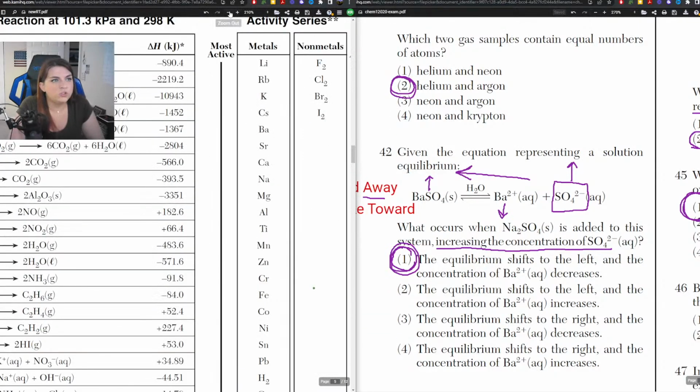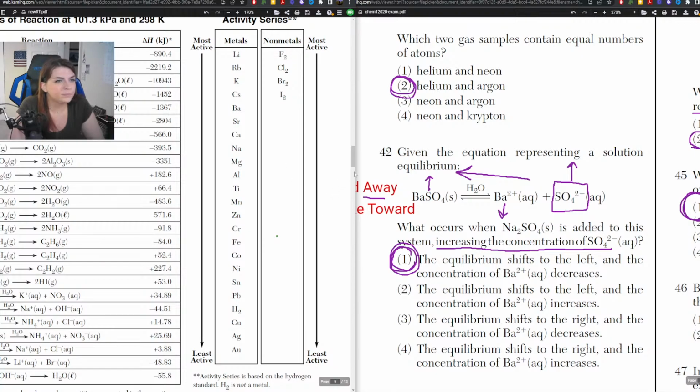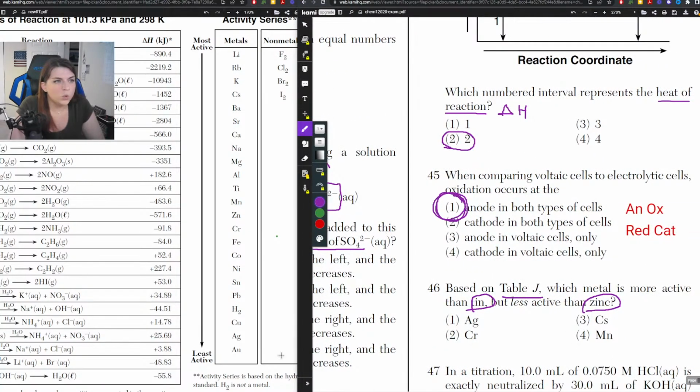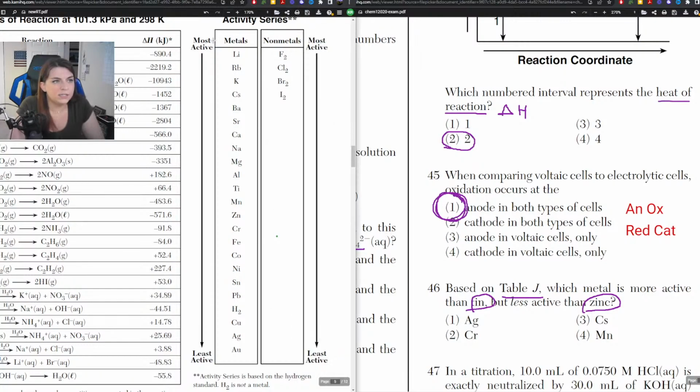And here is table J. The cool thing here is that this is listing activity. Tin is annoying. This one is tin right here, SN. It's annoying because it comes from Latin. They discovered tin before the English language existed.